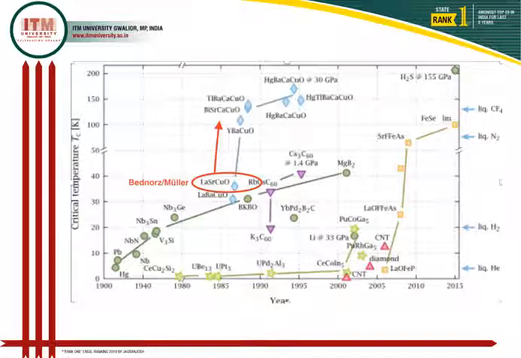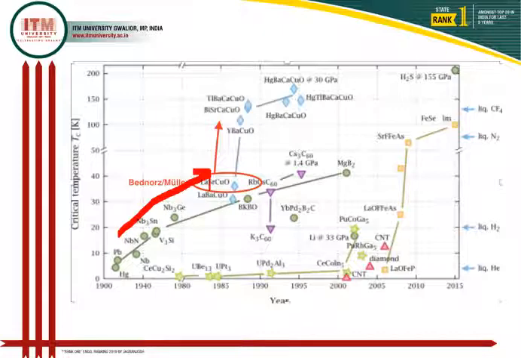In the given slide, I have just shown how the development took place in the last 20 years. How we moved from metals to other fields. In 1900, we started with mercury, then continuously we are moving in the upward direction here.